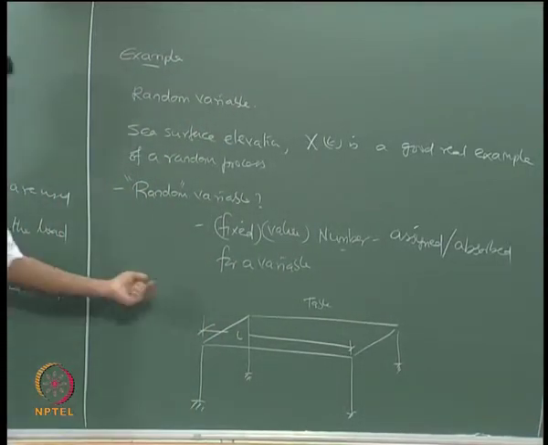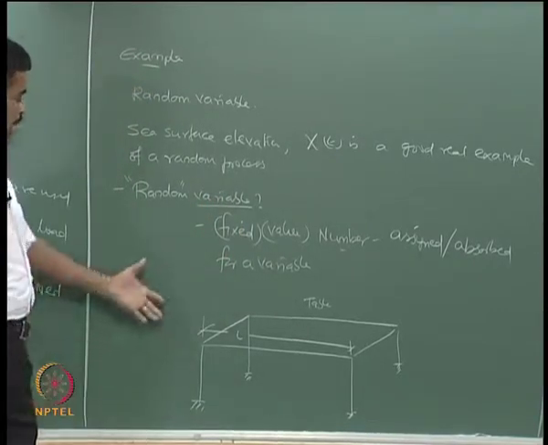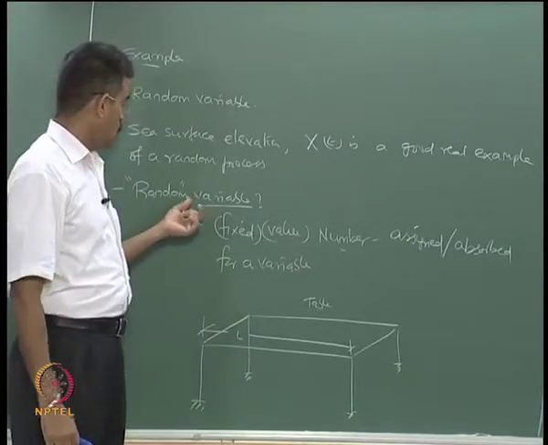The length of the table is a variable, because if the class sample is around 100, each one of you will have a value assigned to this length. But why is it random?